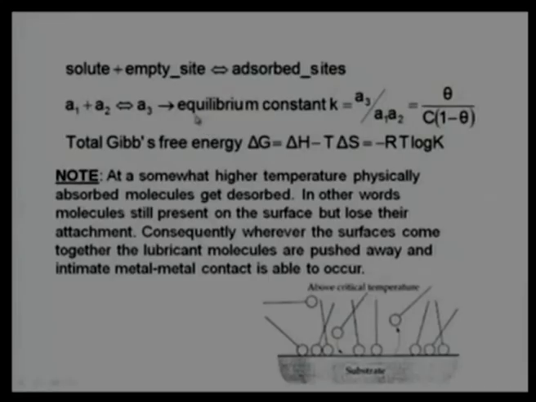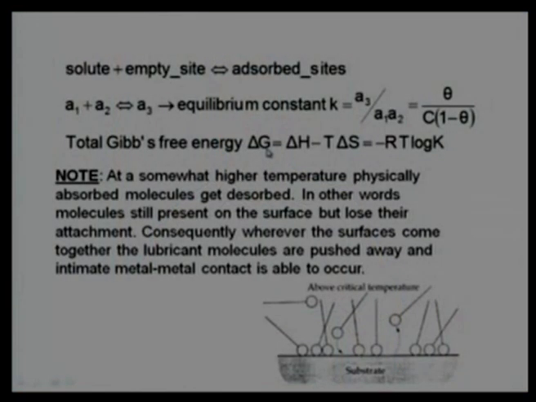It is known that this kind of thermal equilibrium can be estimated, or gauged, using the Gibbs free energy. As I mentioned in the last lecture, Gibbs free energy is more like potential energy. You require some energy to remove this lubricant layer from the surface, and that Gibbs energy can be estimated using this relation.